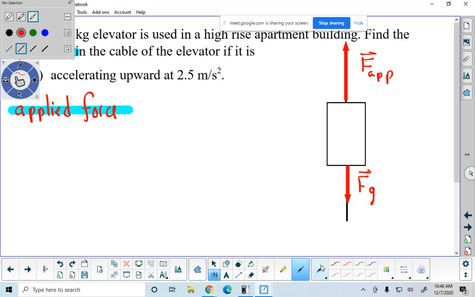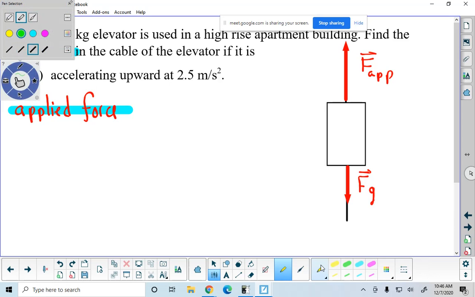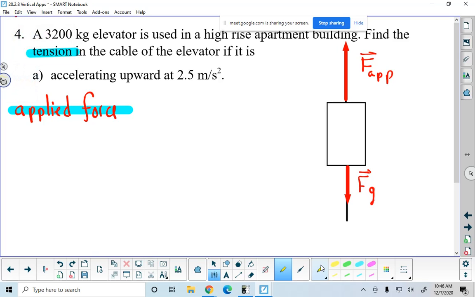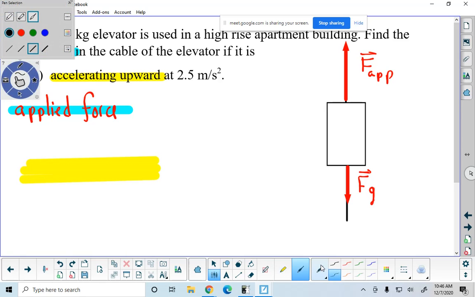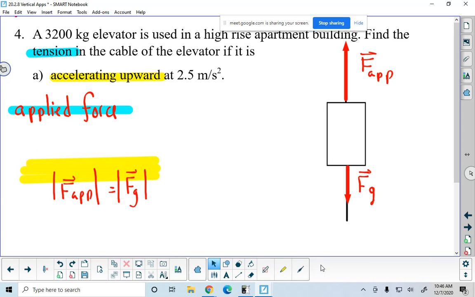And what I am telling you, and I want you to think about this and make sure that it makes sense to you, is if it's accelerating upwards, then it has to be the case that the applied force upwards has a larger magnitude than the force of gravity downward. Whoop. Do that again.